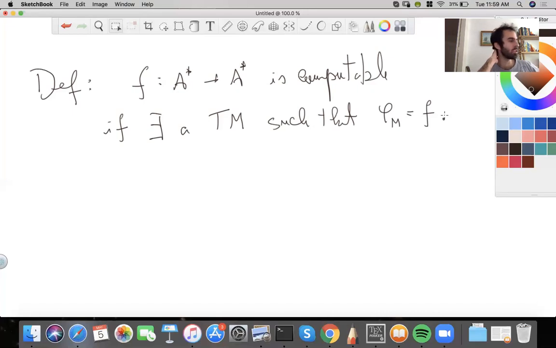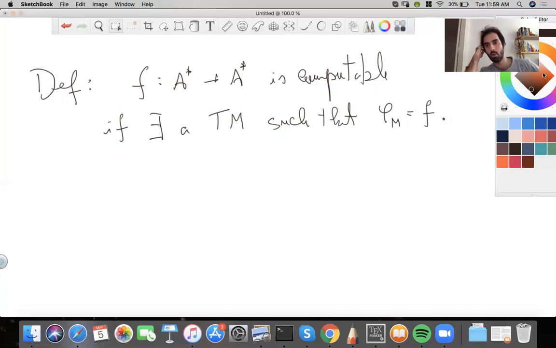If there is a Turing machine that executes the function f, then for any input alpha that I put on the function f, there's a Turing machine which gives me the same output that f would give, given that it was fed with that input.